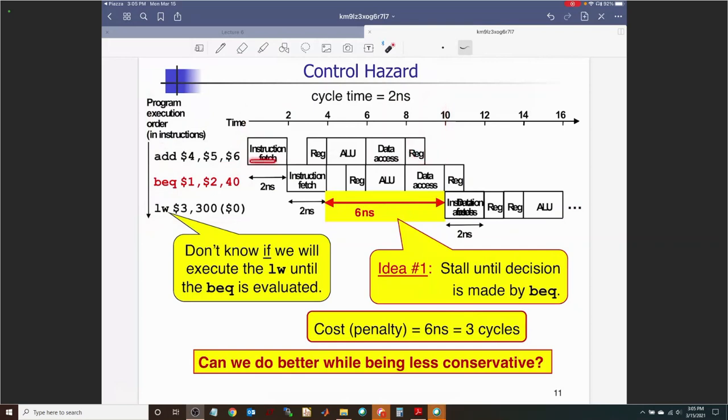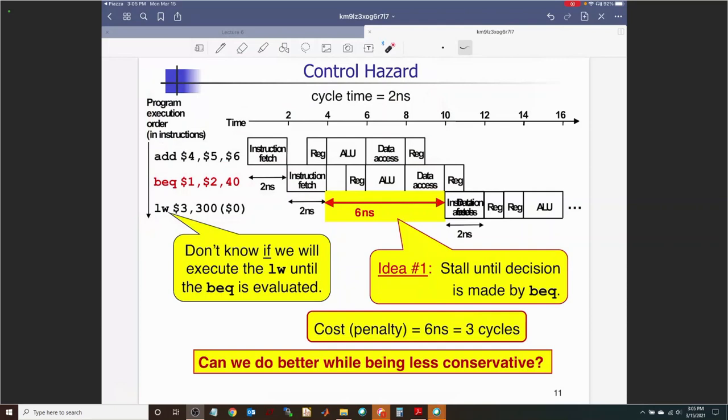So 2 nanoseconds for fetch, 2 for register access, 2 for ALU, 2 for data access, 2 for register writing. Now the branch when equal instruction is next in the pipeline. For the first 2 nanoseconds, it does nothing. For the next 2 nanoseconds, it does the fetch, register access, ALU, data access, and register writing.